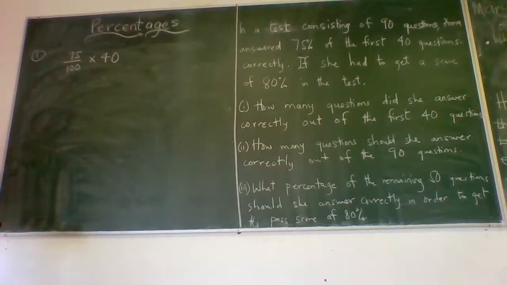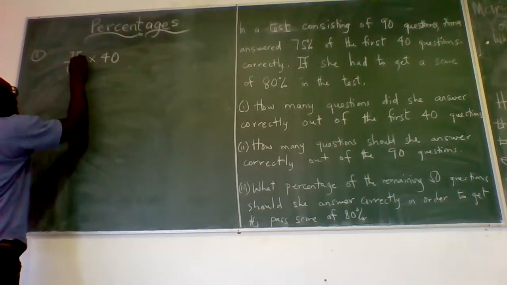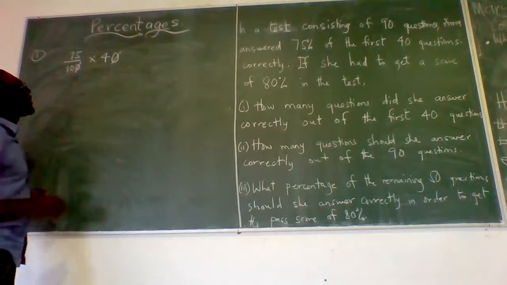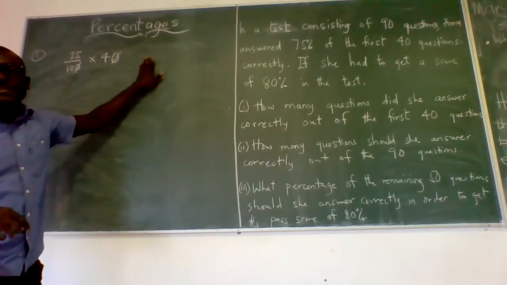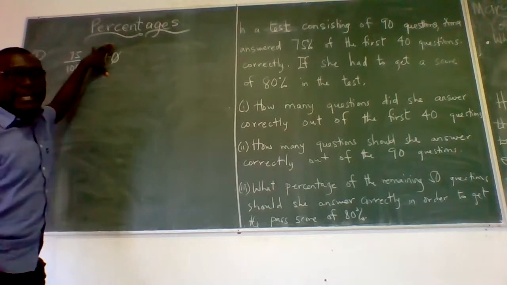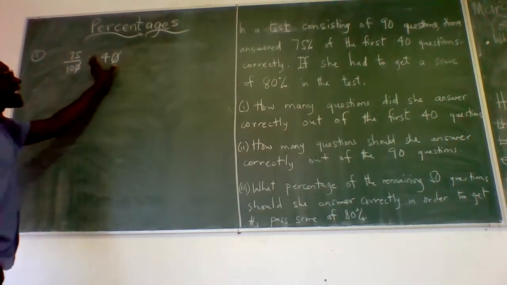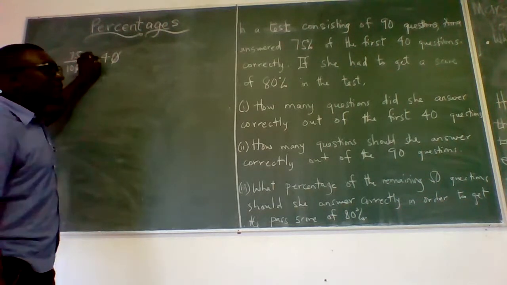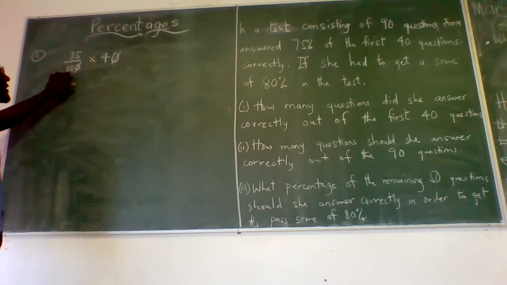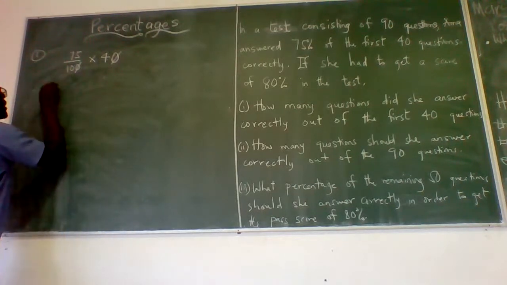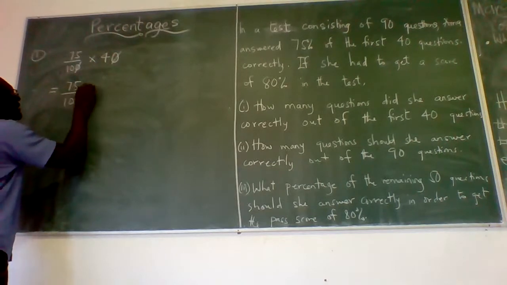I can confidently cancel these two zeros out, because one is down and one is up. By doing this, I'm dividing this side by 10, and I'm dividing this side also by 10. When I divide 40 by 10, I get 4, and when I divide 100 by 10, I get 10. So this now gives me 75 over 10 times 4.